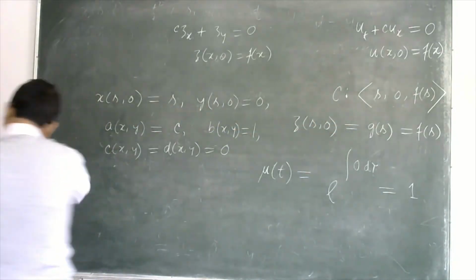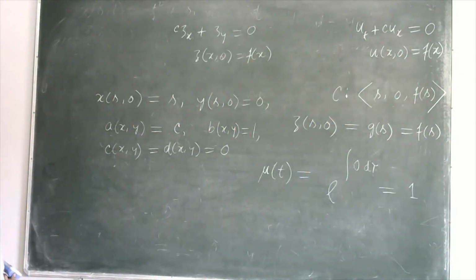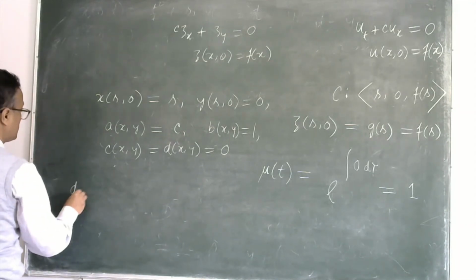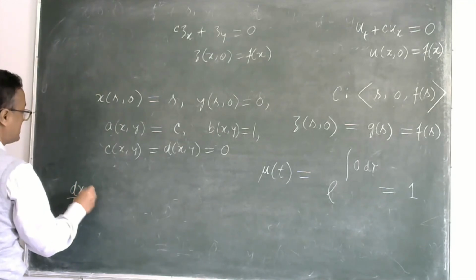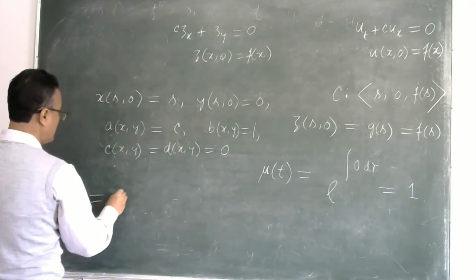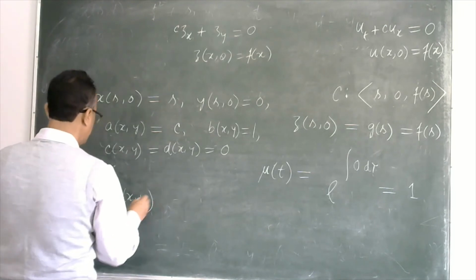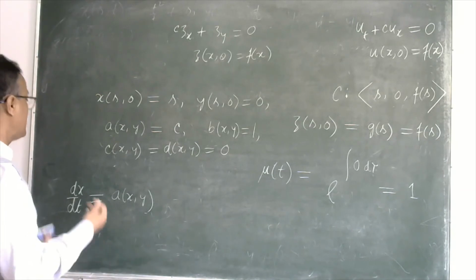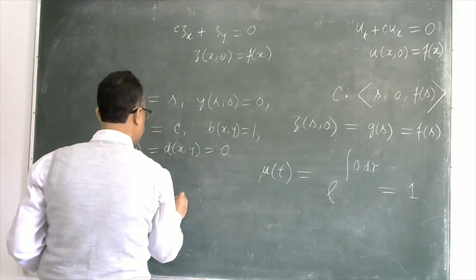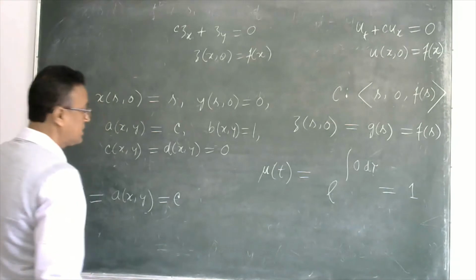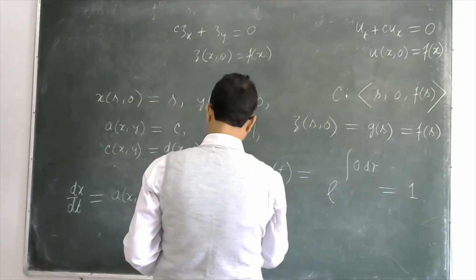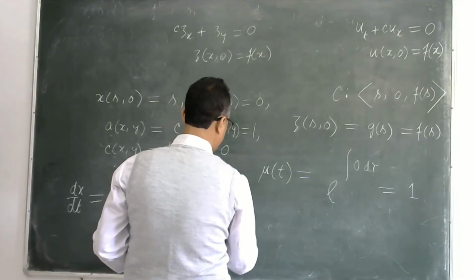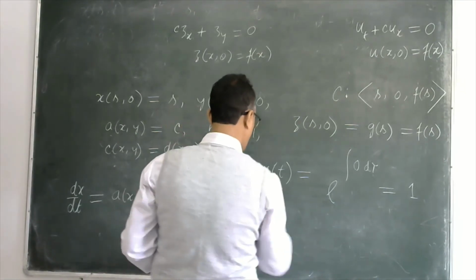Now if I use the characteristic equations, then what is going to happen? dx/dt is equal to a(x,y), and now I would have to convert x and y into functions of s and t, but here it is straightforward because this is simply a constant, right? Similarly dy/dt is 1.